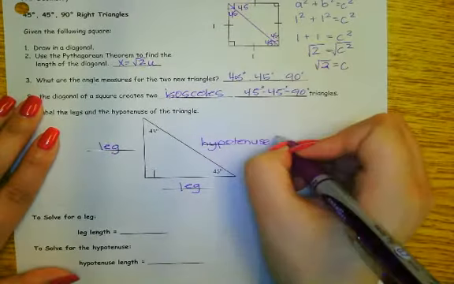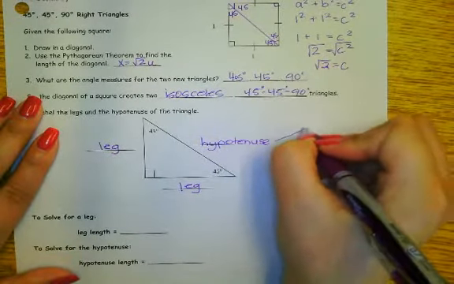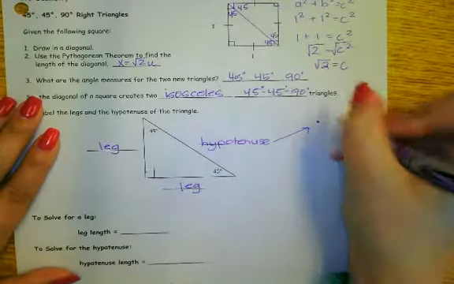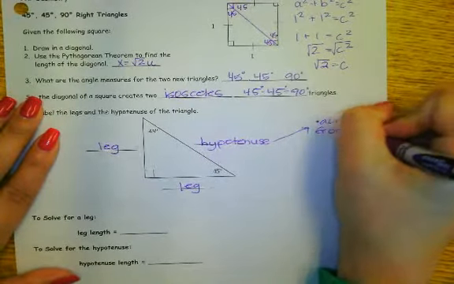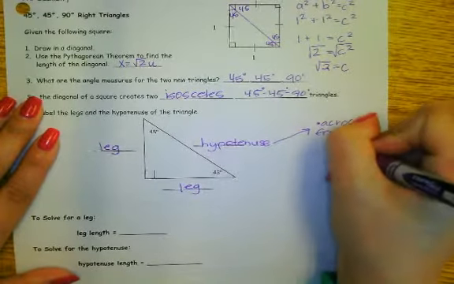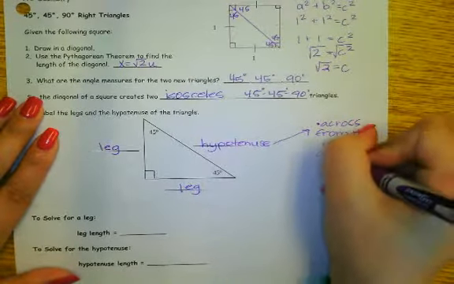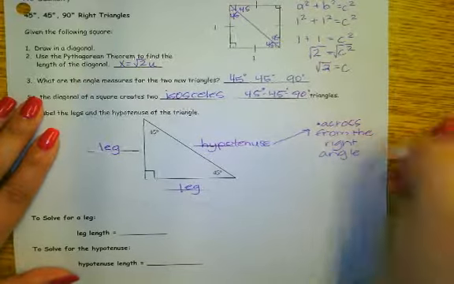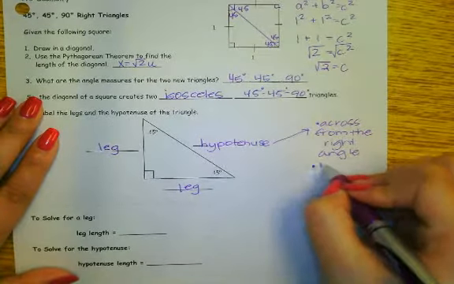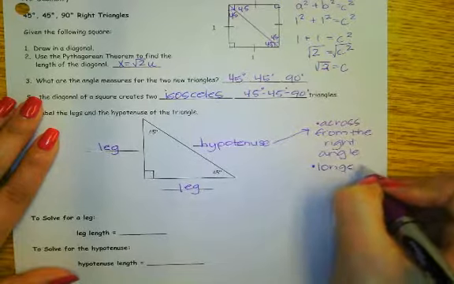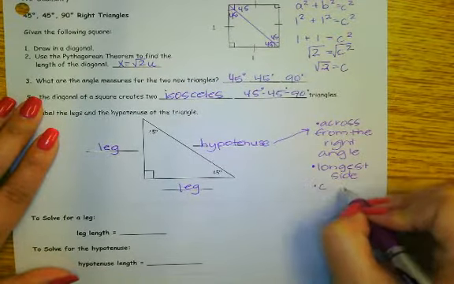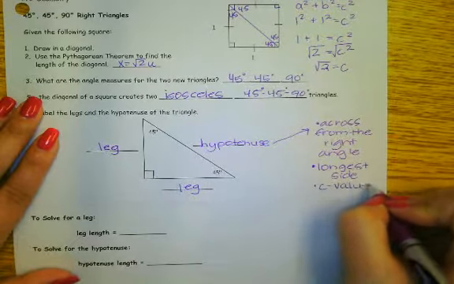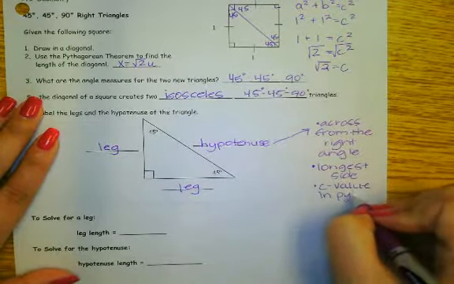Across from the right angle. Very good. Longest side. And it is the C value in Pythagorean theorem. So keep all that stuff in mind.